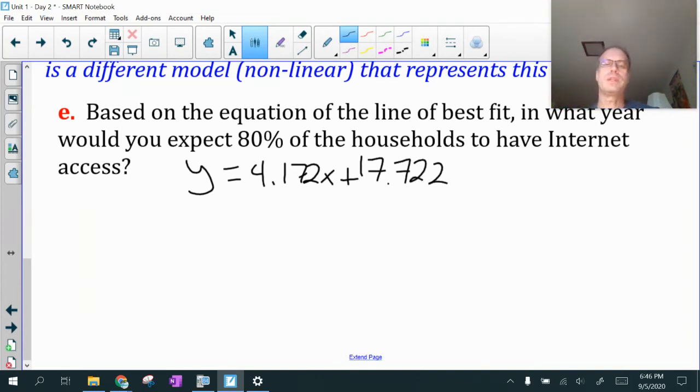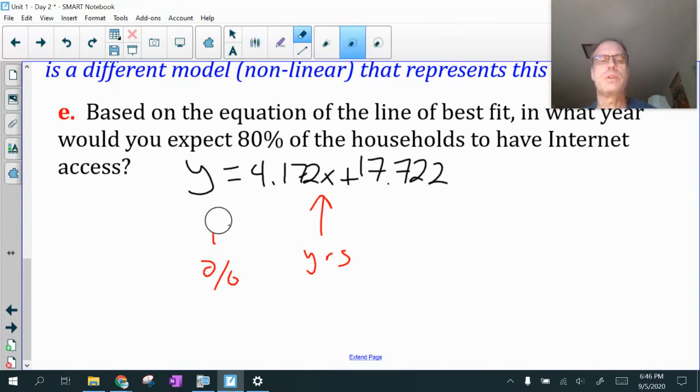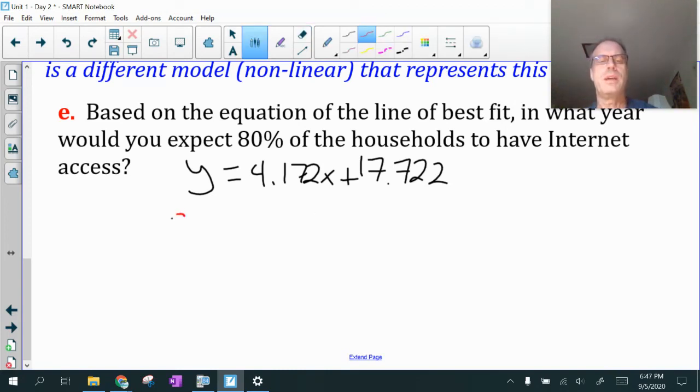That's my line of best fit. And it's asking me to predict when I am going to have 80% of my households with internet access. Now, I'm hoping folks remember that x was years and y was percentage. So if I'm going to do any substitution, it needs to go in for y. Well, let's see what happens. I plug in 80% here.